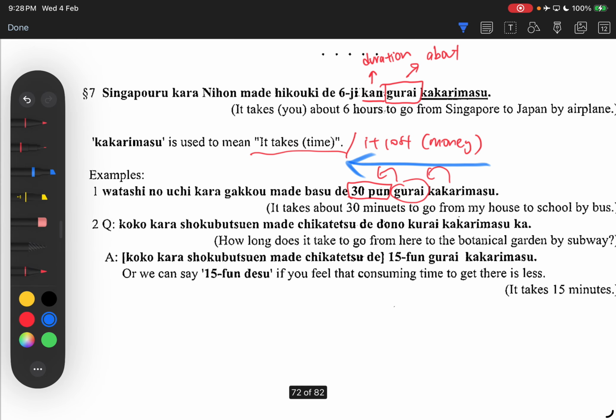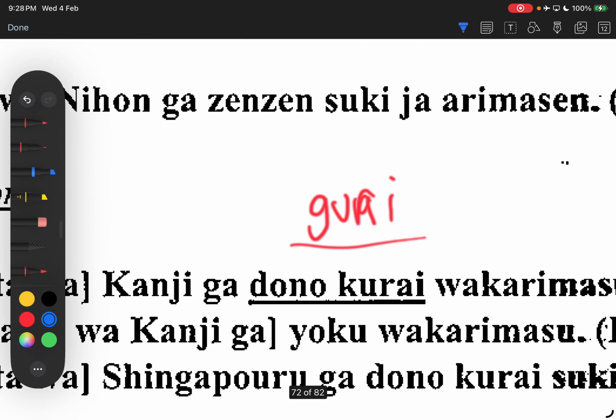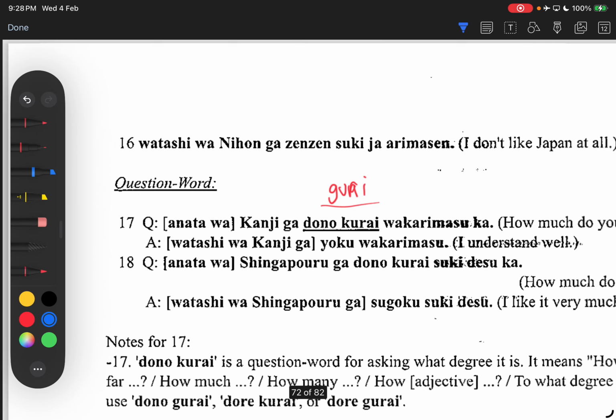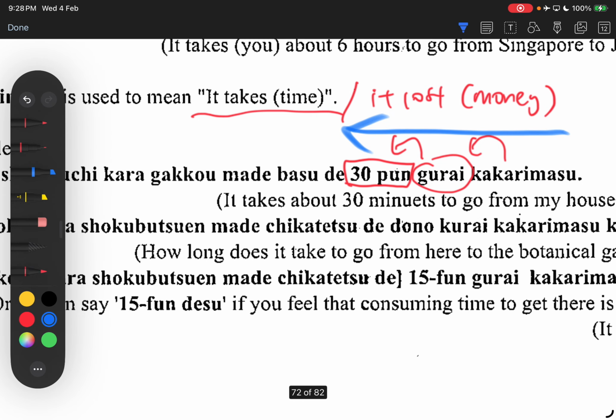Sorry? どのぐらい? The K and the G, is it? I mentioned before. No, we can use ぐらい also. The difference is because of the region. So it doesn't matter if you use くらい or ぐらい. Both are the same thing. In writing also can be G or K. It's just a regional thing, the Osaka and Tokyo thing.